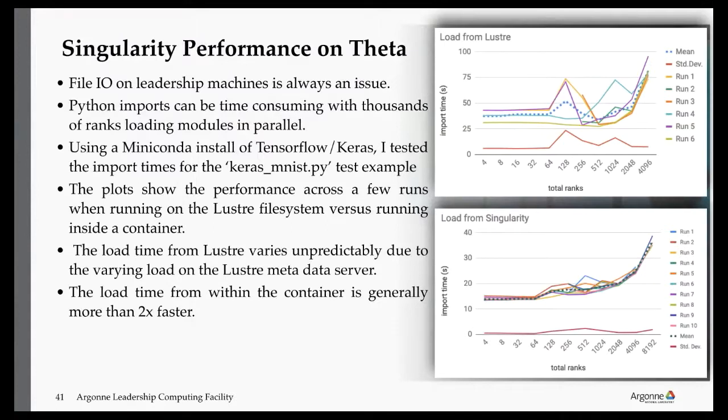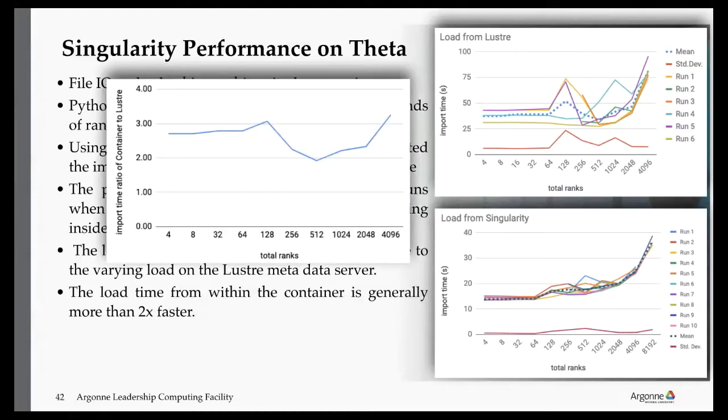So this is something you should be aware of, something you should measure with your, everybody has their own custom thing that they're doing. So just be aware that sometimes you can see performance benefits using Singularity. If your software is not necessarily traditional HPC friendly types of software, which I would say, Python imports were never intended for large numbers of ranks all trying to do it at the same time.